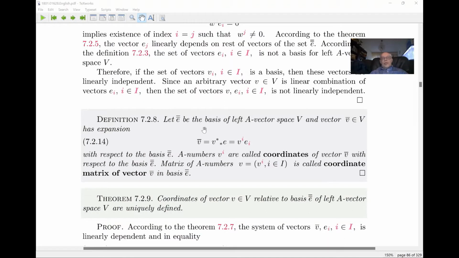Let E be the basis of left vector space V and vector v has expansion 214 with respect to the basis E. A numbers vE are called coordinates of vector v with respect to the basis E. Matrix of A numbers v is called coordinate matrix of vector v in basis E. Coordinates of vector v related to the basis E of left vector space are uniquely defined.